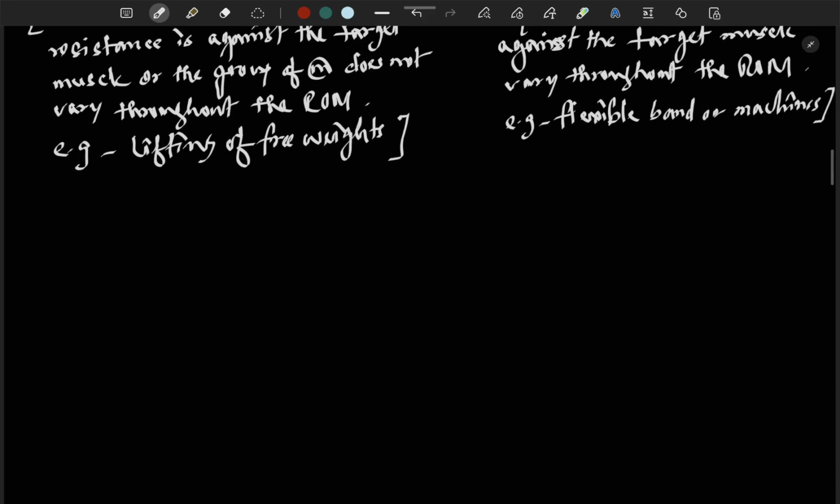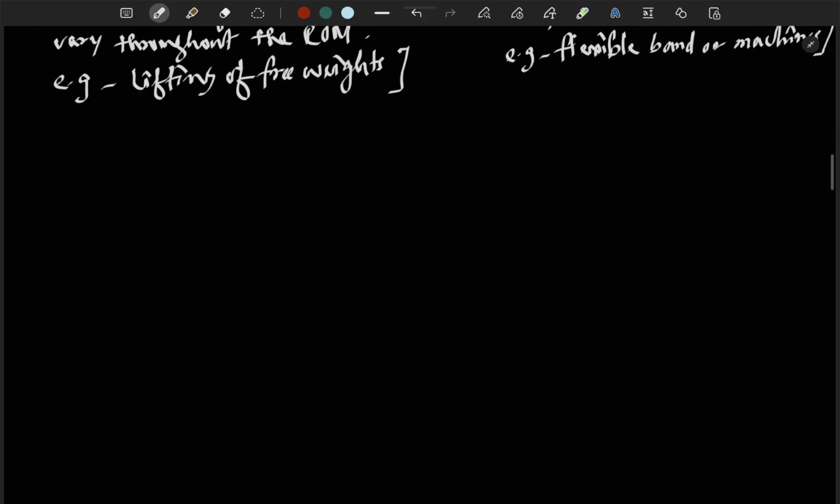The dynamic resistance exercise is also further subdivided into two categories.